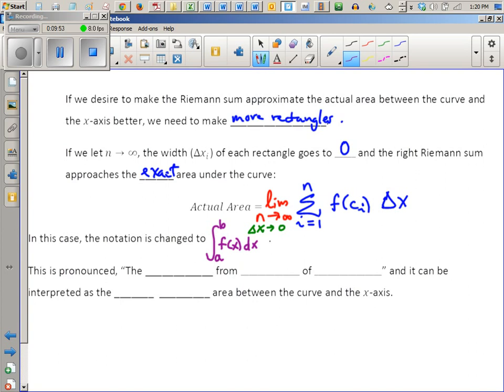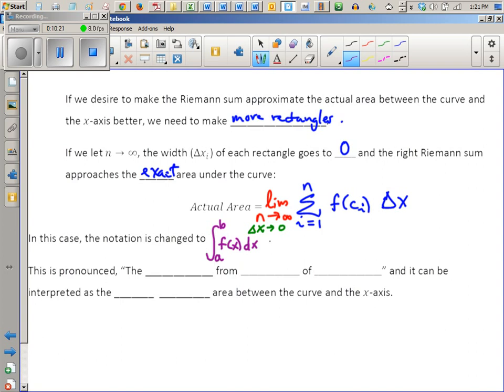The limit and the sigma together means that you're going to add up an infinite number of rectangles. Sum, capital S. We stretch it out. I'm not really sure why we stretch it out like that, but it still means S. It still means sum. It's just an infinite number of objects, and each one's infinitesimally small.